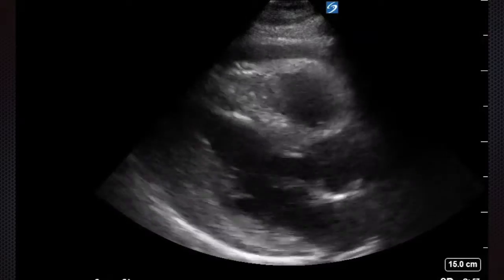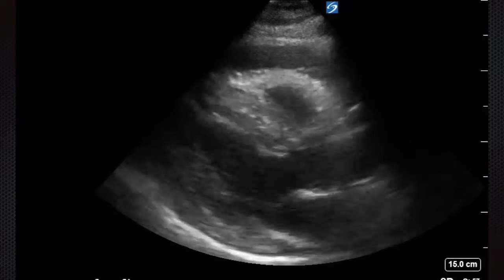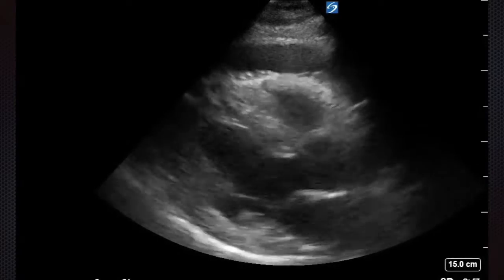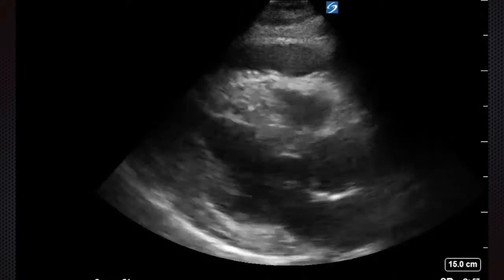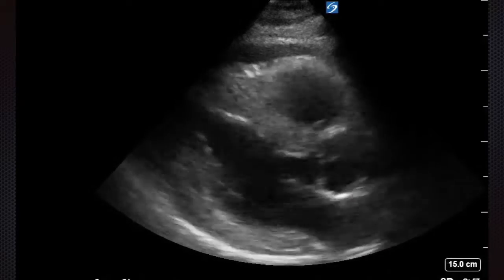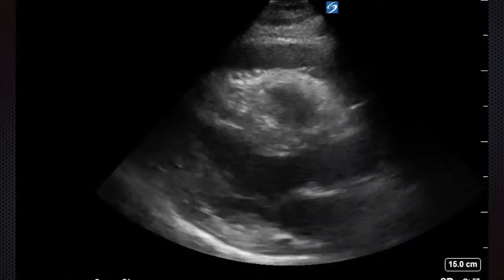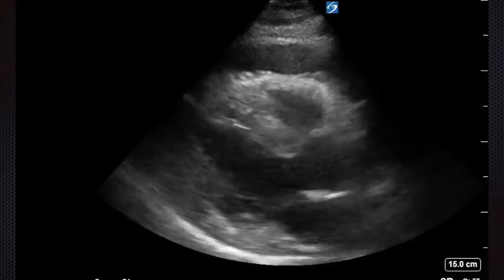Now here's a parasternal long axis, and we can make out the usual things. So there's a left atrium, mitral valve, internal part of the left ventricle going out to the aortic valve to the root of the aorta, and then just above that is the right ventricular outflow tract.